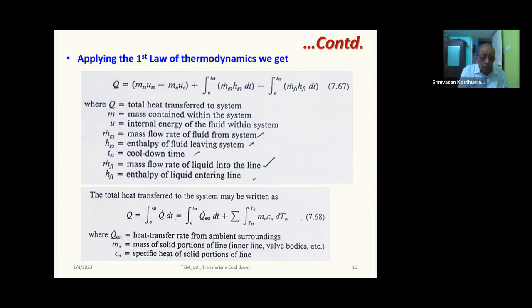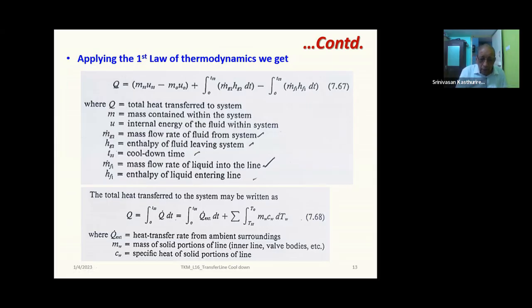Okay, Q. But it consists of two parts. What are the two parts? One is Q external, the external heat load coming into the system: the integral from 0 to T_SS of Q dot external into dt. Then additionally, you also have the cool down of the line. To reach the steady state condition, we start with a warm pipeline, so the pipeline has to get cooled.